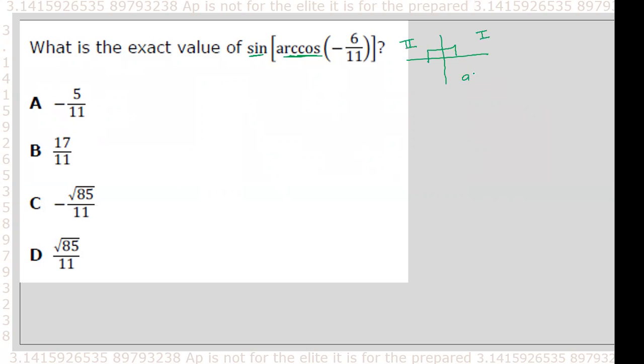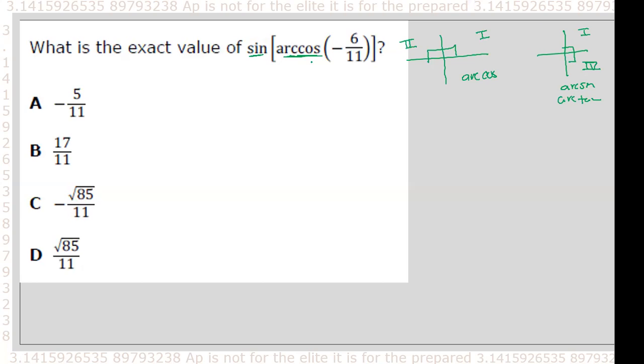And the restrictions for arc sine and arc tangent are quadrants 1 and 4. Those are good notes.